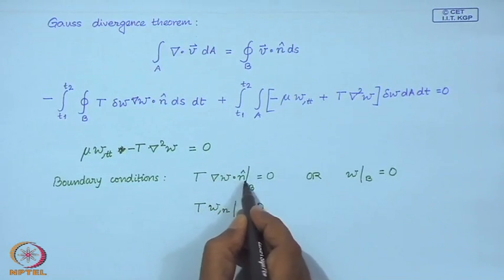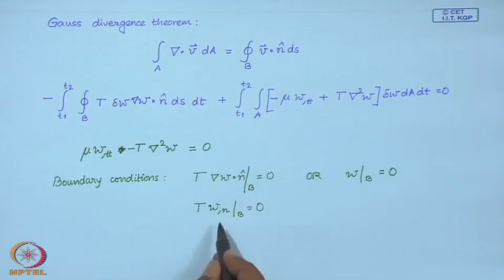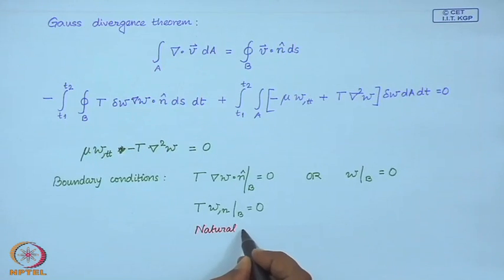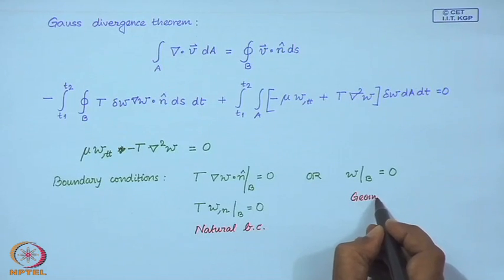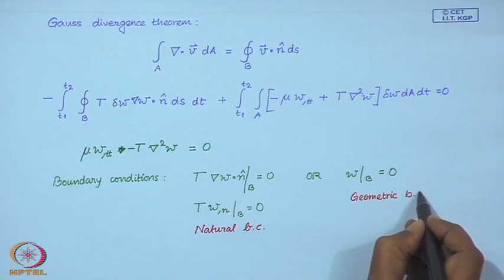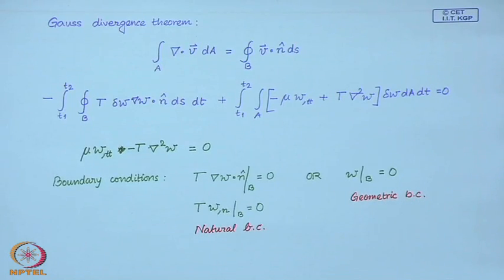So, gradient dot the unit normal at the boundary is the derivative along the normal to the boundary. So, this boundary condition is a natural boundary condition, whereas this is a geometric boundary condition.